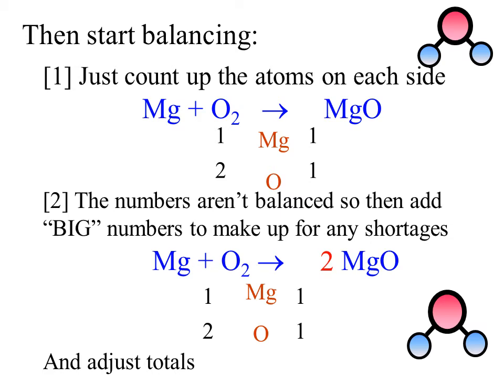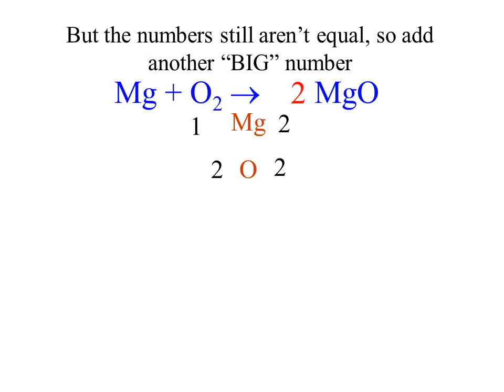So if I put a 2 in front of this whole thing, that means I'm going to have 2 magnesium and 2 oxygens, okay? So that means that my equation is not balanced now. So I fix my O's, but I mess up my magnesiums. And that's the one thing you have to get over, is that you're going to have to mess things up in order to fix some things, okay?